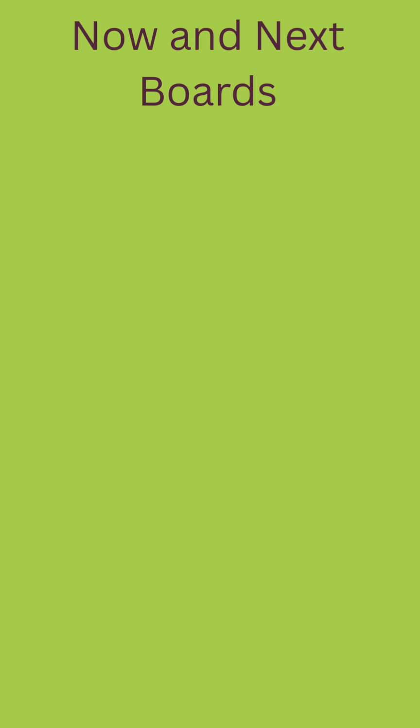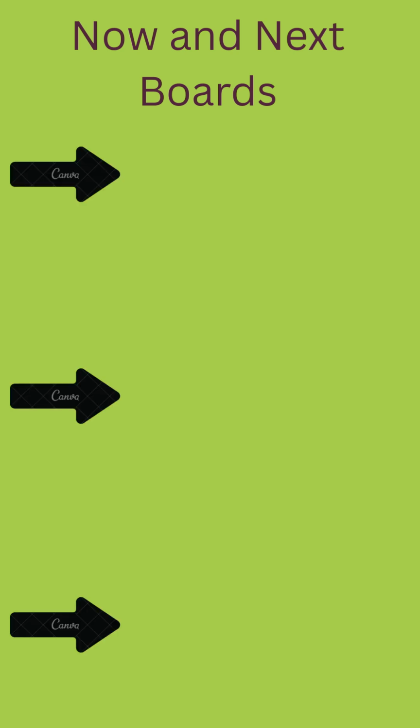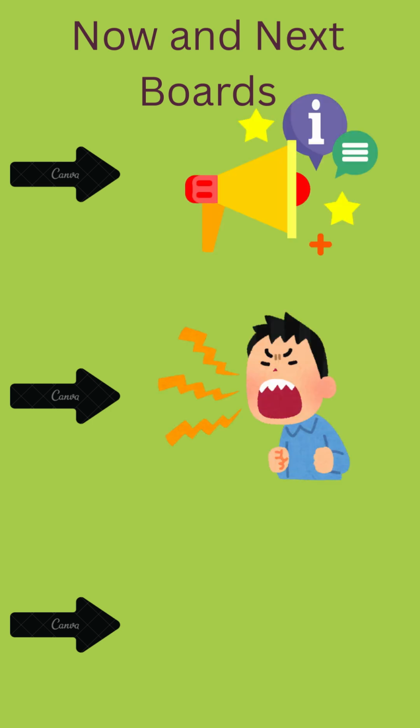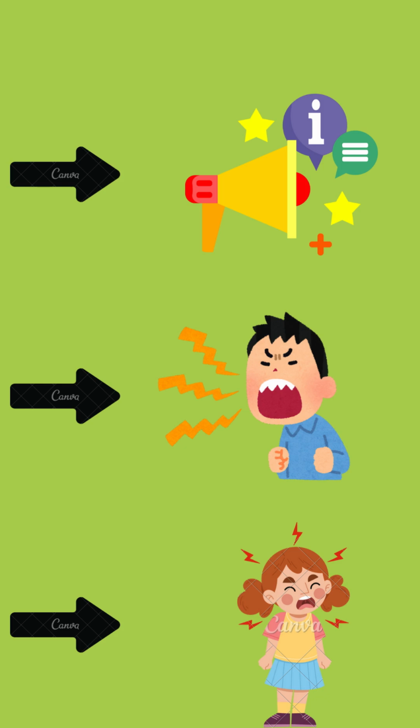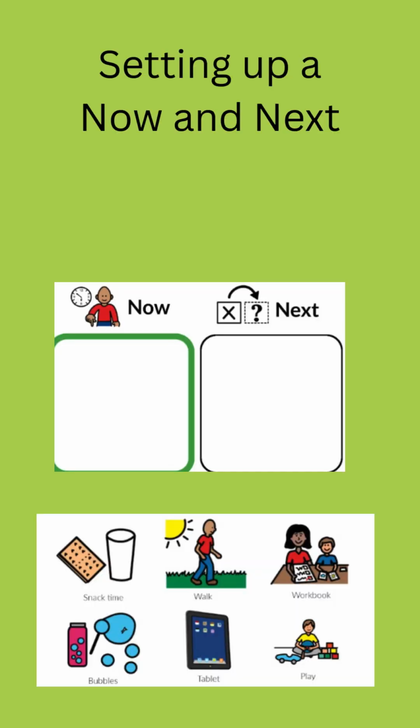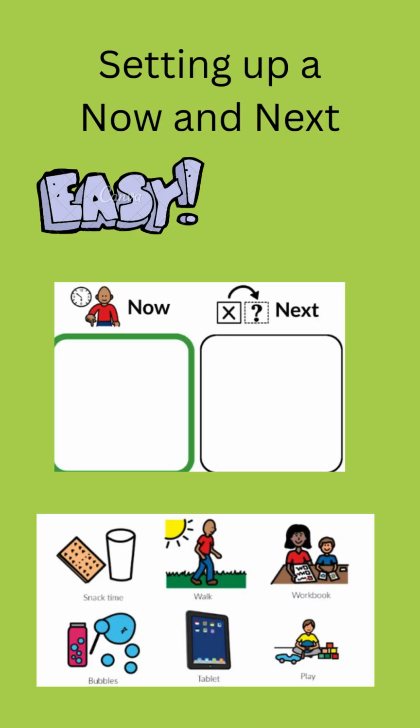Now and next boards help children to transition and understand the routine. These can be particularly helpful for children who have difficulties following instructions or who get frustrated or angry during the day. Setting up and using a now and next board is super easy. In the next slide, it will show you how to do this.